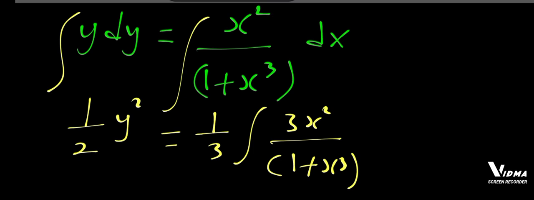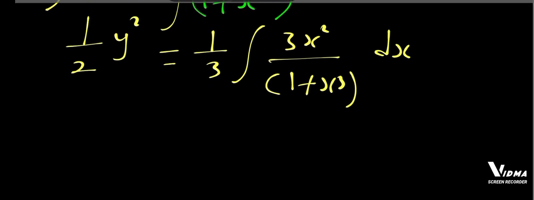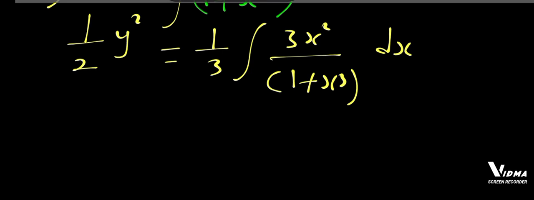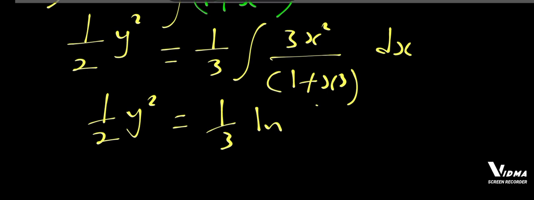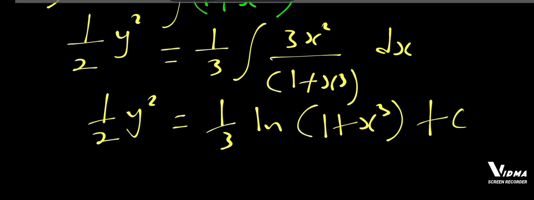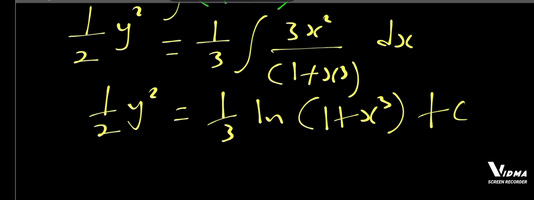Okay, and in doing so, I'll end up with 1 over 2y squared being equal to 1 on 3 ln of 1 plus x cubed plus c. Don't forget your constant.